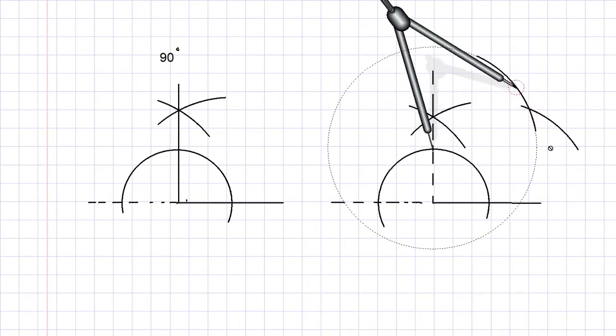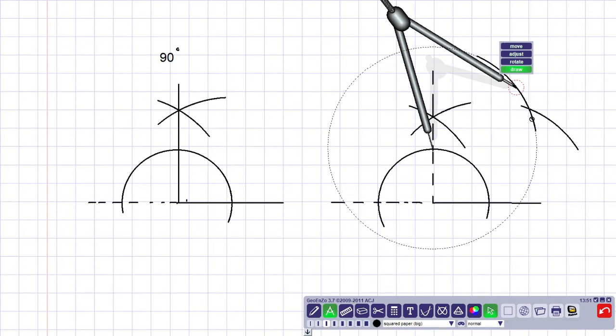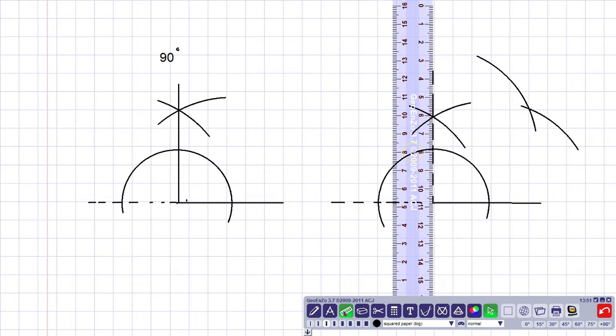This is a crossing point. Join this point and this point using the ruler.